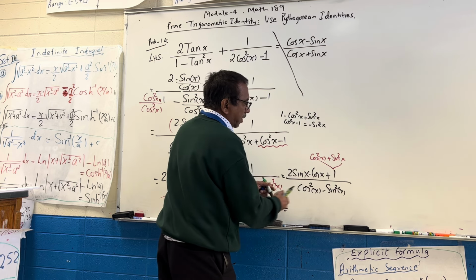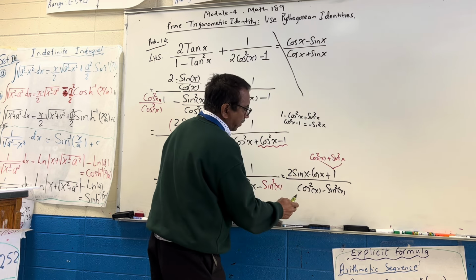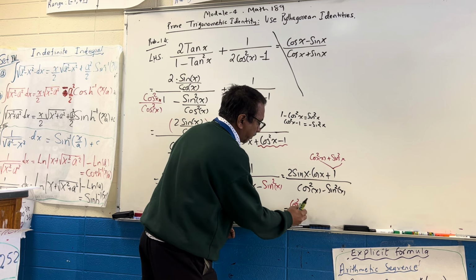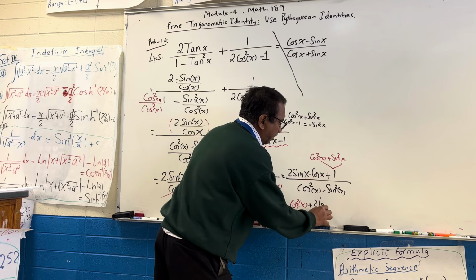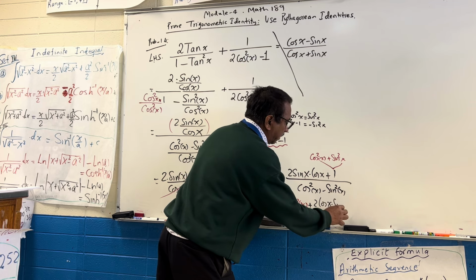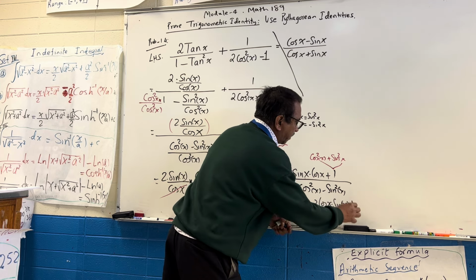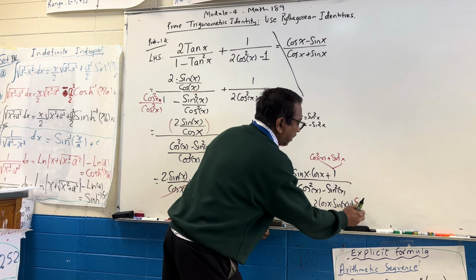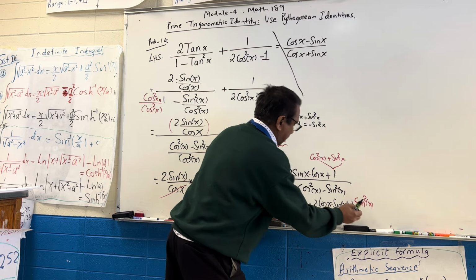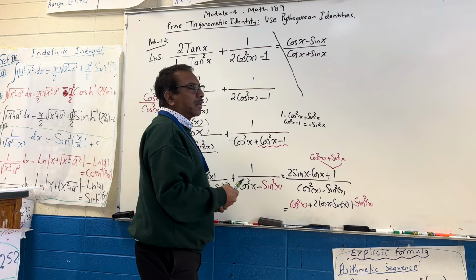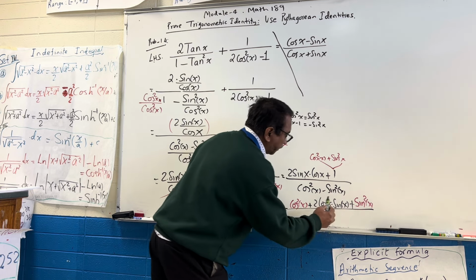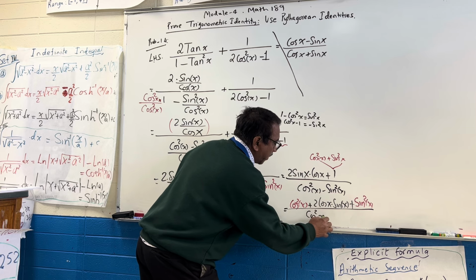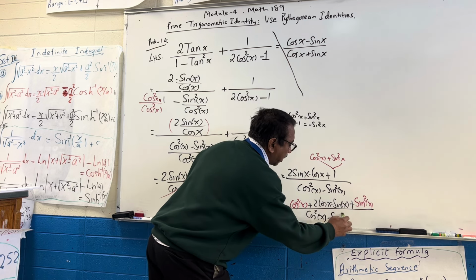So this is split into cosine square here, plus 2 cosine first, and then the sine, and then plus sine square. So these two add up to 1 because of the Pythagorean identities, and they are divided by cosine square of x minus sine square of x.